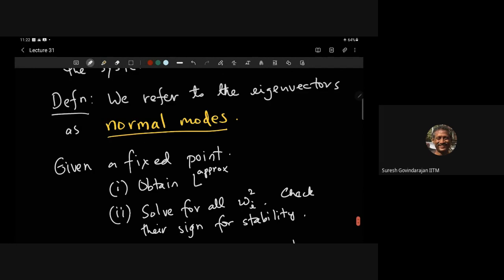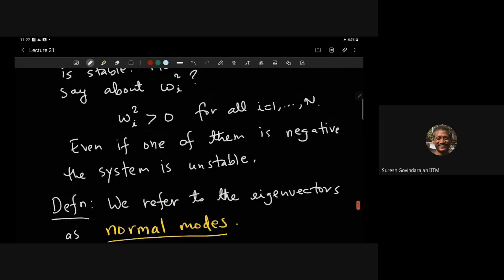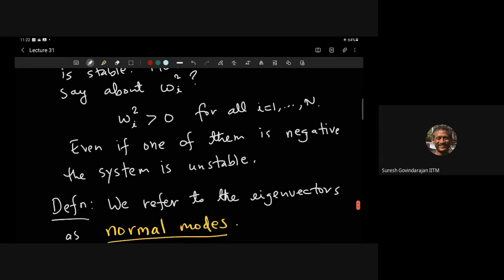Here I just discussed two cases: omega I square greater than 0 and omega I square less than 0. What happens if omega I square is 0? What kind of equilibrium would you call that?